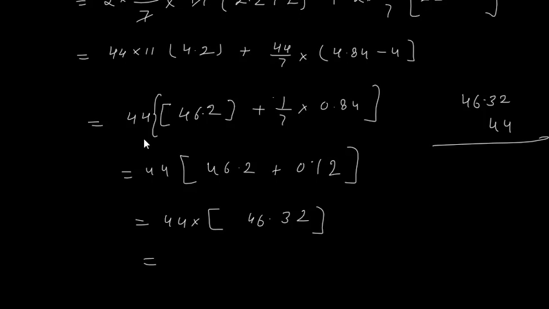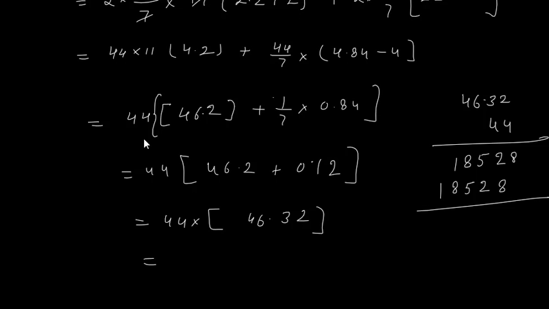So 4 2s are 8, 4 3s are 12, 4 6s are 24, 1 is 25, 2, 4 4s are 16 plus 2 is 18. Then 4 2s are 8, 4 3s are 12, 4 6s are 24, 1 is 25, 2, 4 4s are 16, 16 plus 2 is 18.